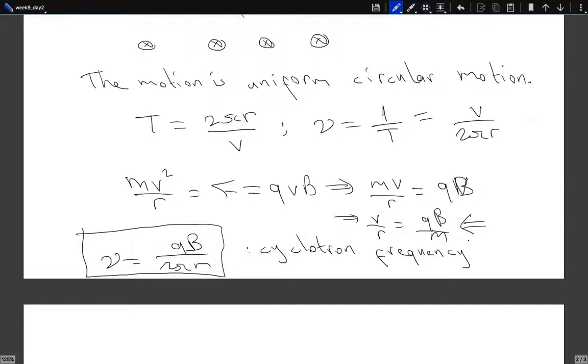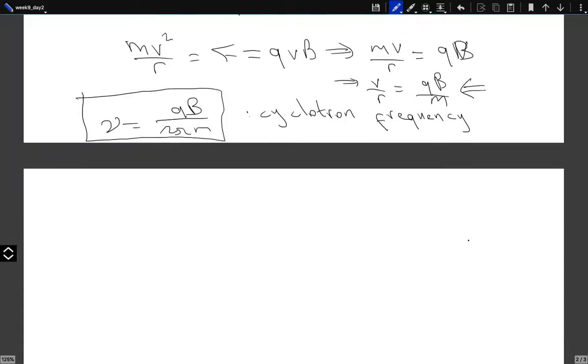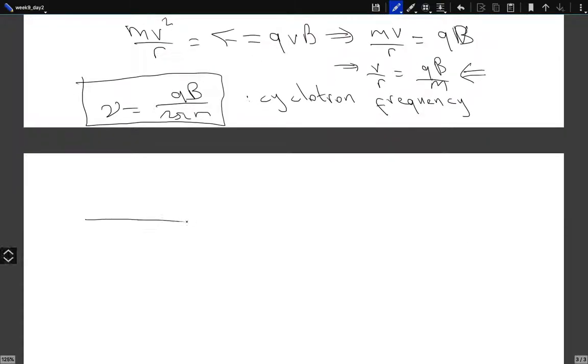If it is going twice faster, the circumference is twice as big, so it takes the same amount of time. If it reduces its speed by a factor of 2, its radius and hence circumference is reduced by a factor of 2. So it is always a fixed amount of time. Now, how did we use this to accelerate particles?